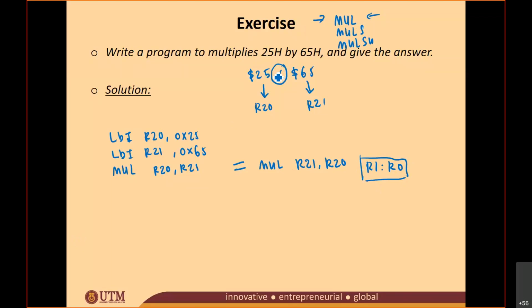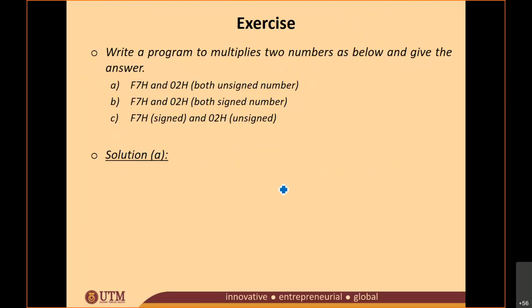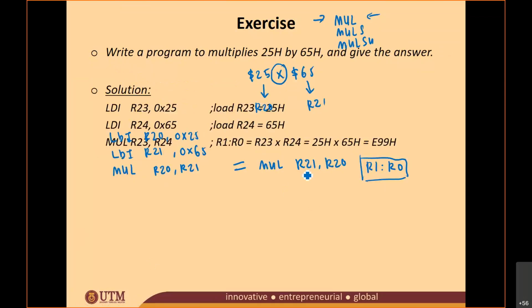Okay, and then what you're going to do, just press your calculator. Make sure that your calculator is in hexadecimal. 25 multiplied with 65, then you get, anyone? What is the answer? Okay, so you will get E99.